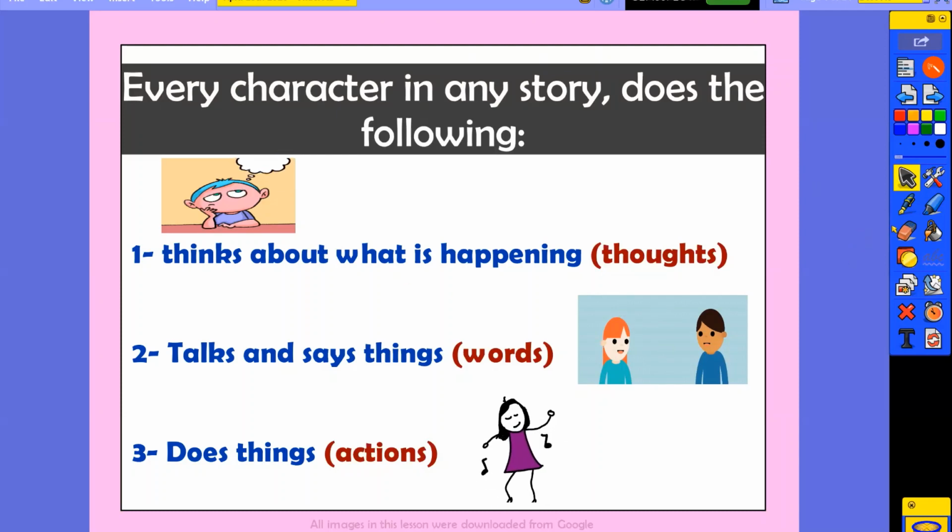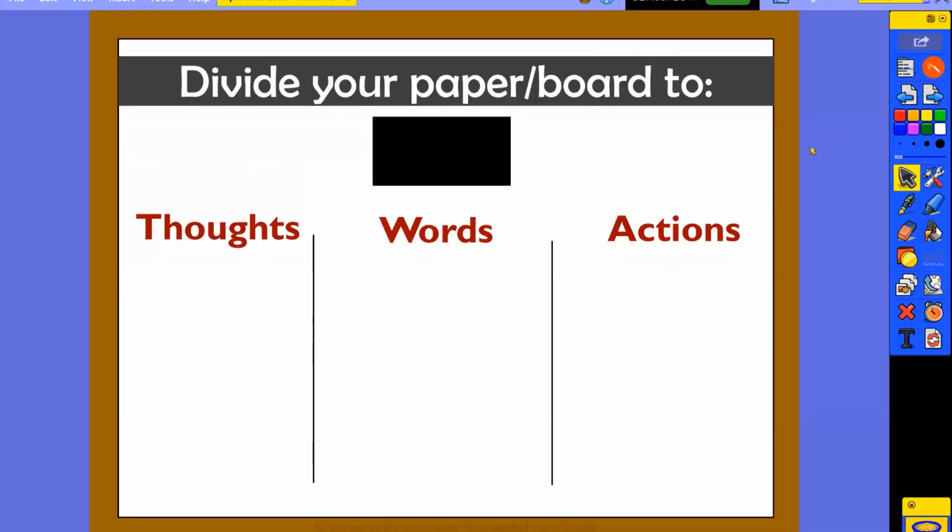Now, do you know why we want to know our characters' thoughts, words, or actions? To simply understand them and to know what they feel like or what they are going through. It's very simple.